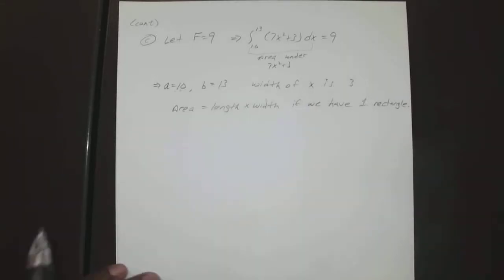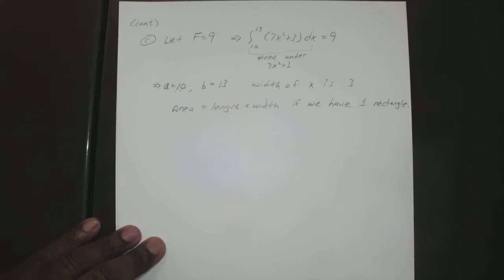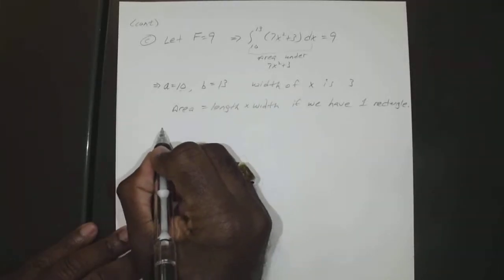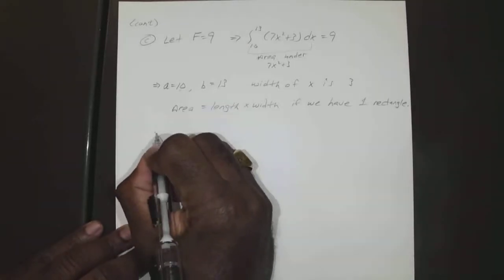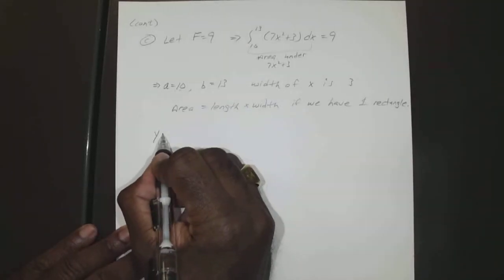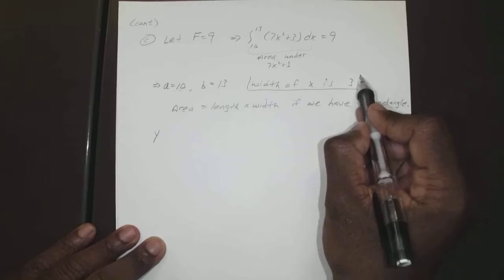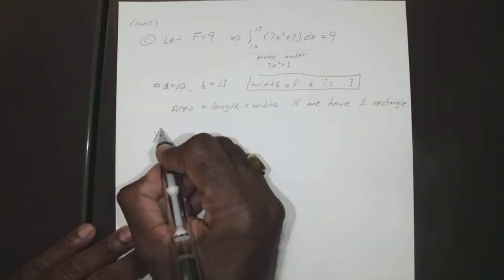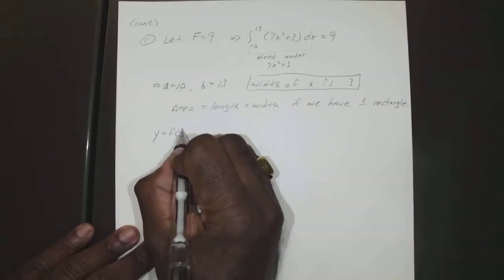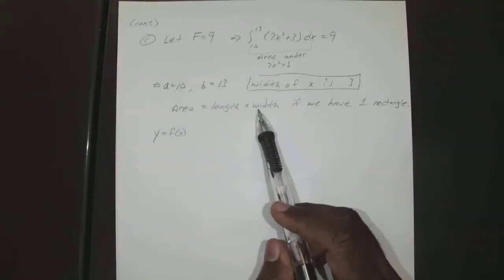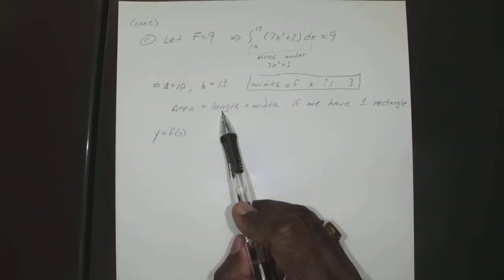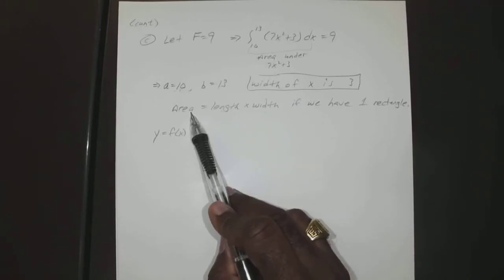All right, so if we assume we have just one rectangle to measure the integral, that means our y, let me see, that says a width of 3. So our y, which is our f of x, would have to be 3 also, because if our width is 3, our length would have to be 3 for our area to be 9.